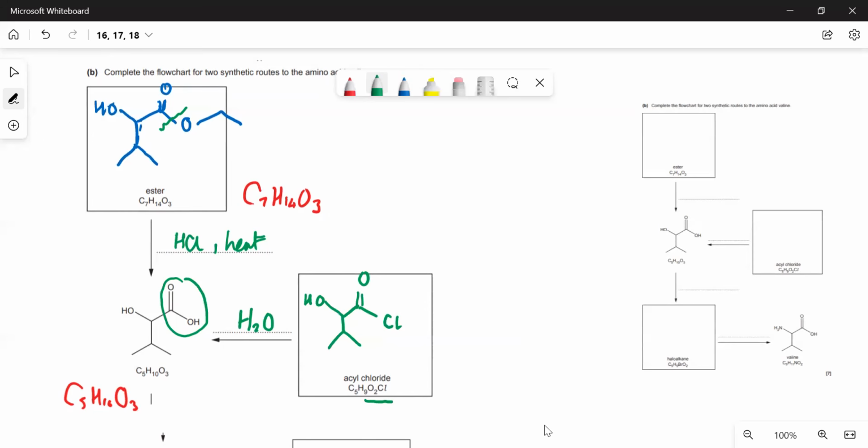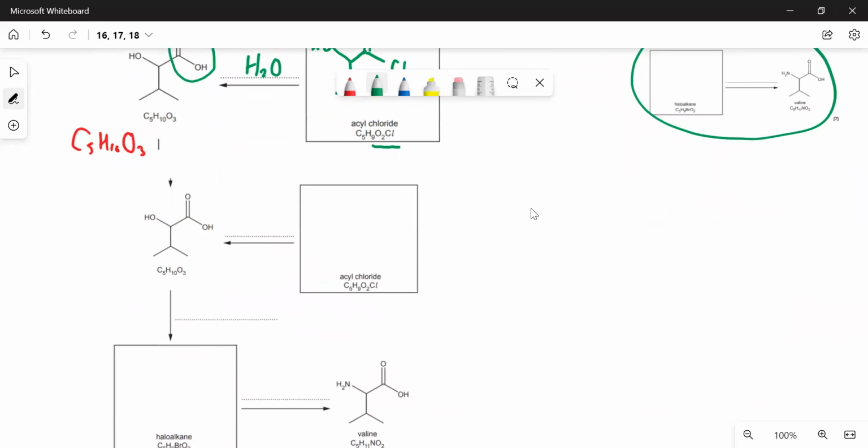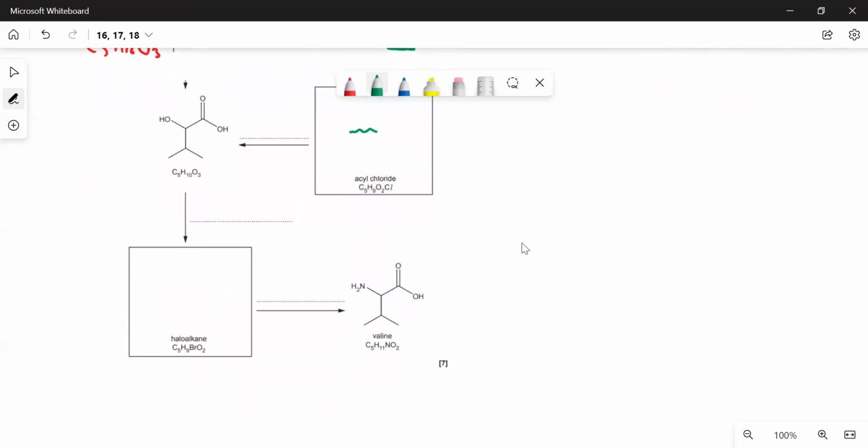Right, so we've done this top bit, and now I'm going to do this bottom bit, okay? Down below. We've done the acyl chloride bit, I'm not going to fill that bit in again. But here, what are we doing? It might be easier to work backwards here.